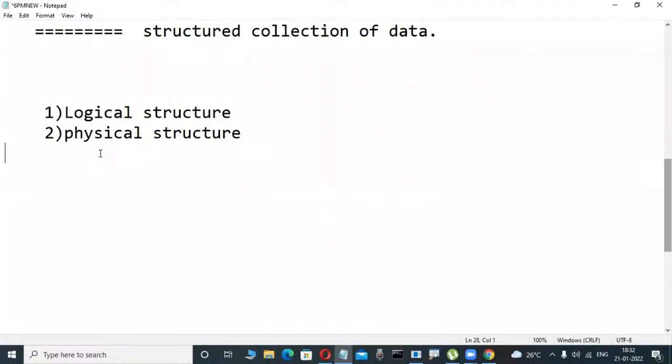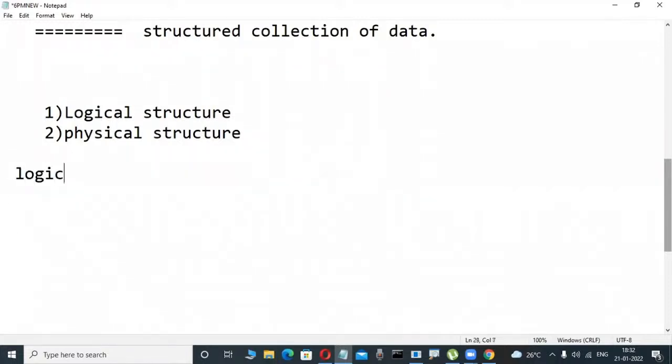I am also working in the logical structure, you are also working in the logical structure, a Java or .NET front-end programmer is also working in the logical structure of the database. I agree. But what is that logical structure? DBA persons are working in the physical structure, don't worry. But what is the logical structure at least?